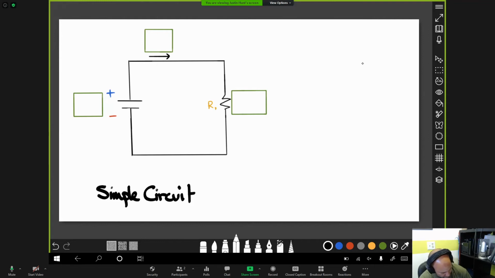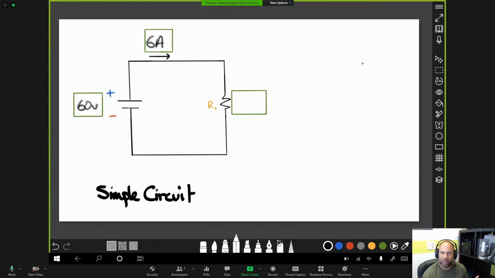Let's do this. Let's go 60 volts here at our power source and a whopping 6 amps. That's going to be fun. And we have R1, which denotes one resistor, or the first resistor in our circuit, and the only resistor in our simple circuit, and we don't know the resistance. Okay, so what does this represent? Let's think about this instead of just solving the problem because we want to practically know what's going on. We know that we've got 60 volts of force pushing our charge carriers, whether that be from the positive terminal or the negative terminal.